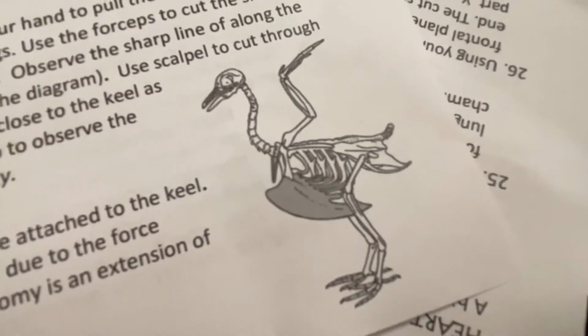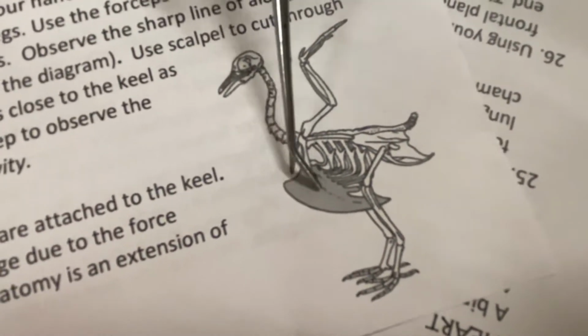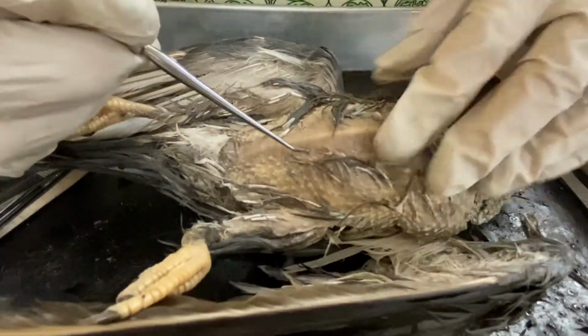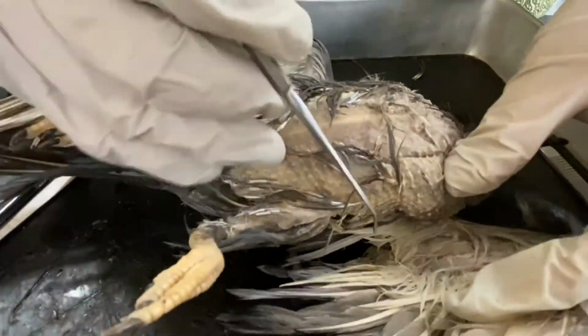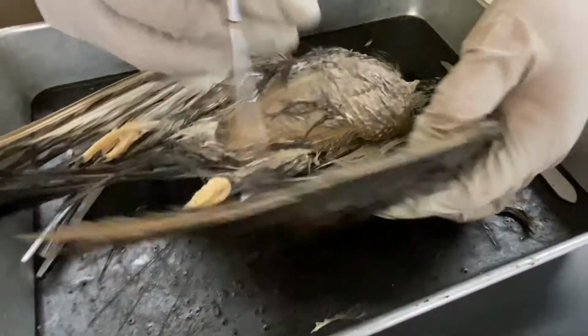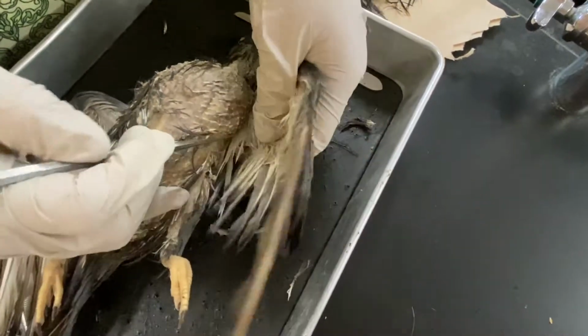Let me get this corner. And the projection goes out really, really far, because this is the attachment point for all of these really, really thick muscles. So in a few minutes, I'll cut into that and you'll be able to see where those muscles are. And that's because as the bird flaps, there's a tendon along here, the patagium, that connects here.